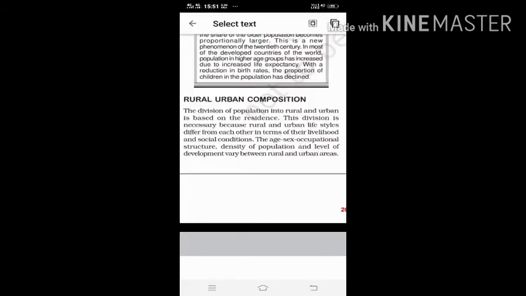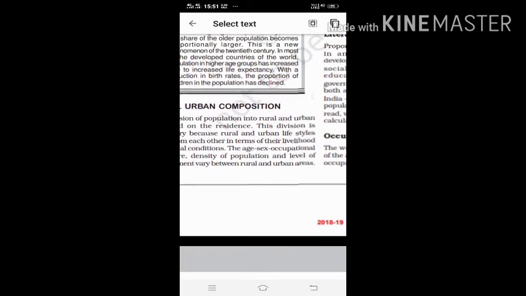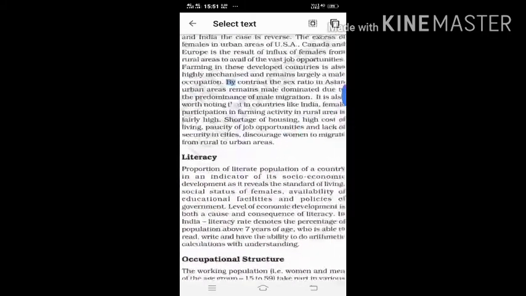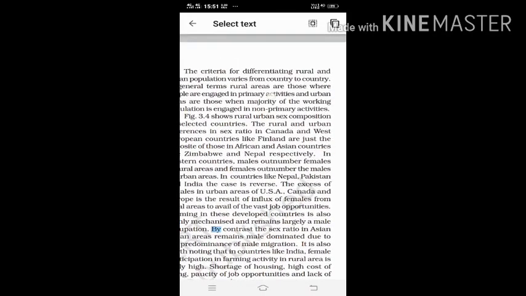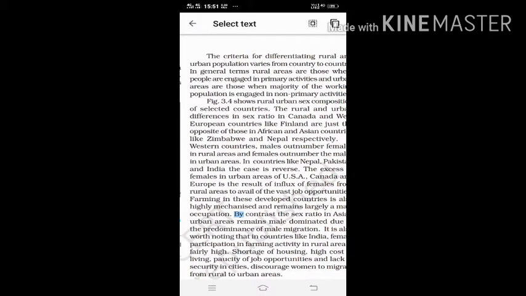So now comes rural urban composition. The division of rural urban lifestyles is important because the rural lifestyle is totally different from urban lifestyles. So here is nothing much to explain. You give it a read and you will be able to explain, because here it is given where the rural lifestyle occurs and where the urban lifestyle occurs.